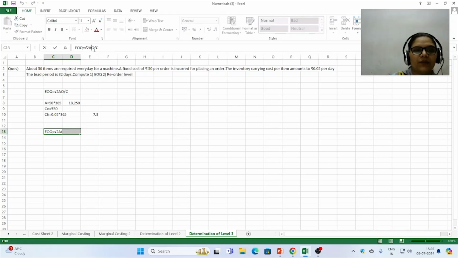We know annual requirement is 18,250, multiplied by 50, divided by the carrying cost, which we have calculated as 7.30.